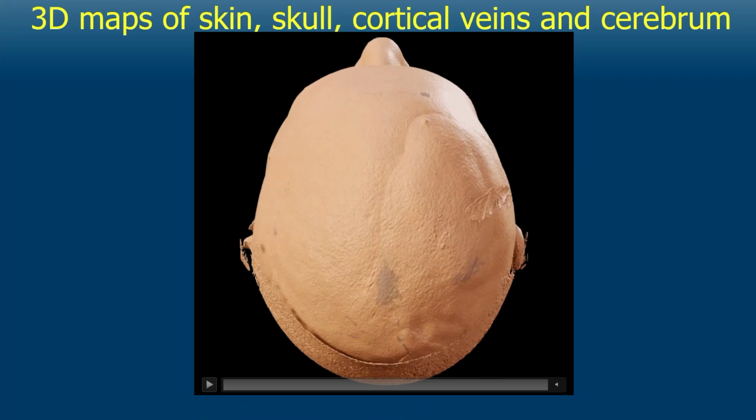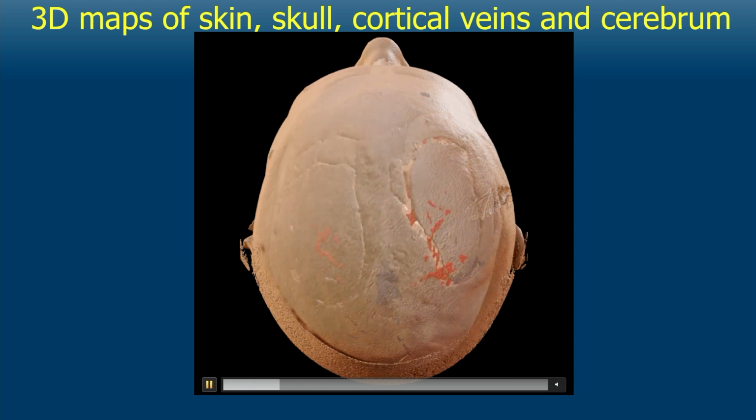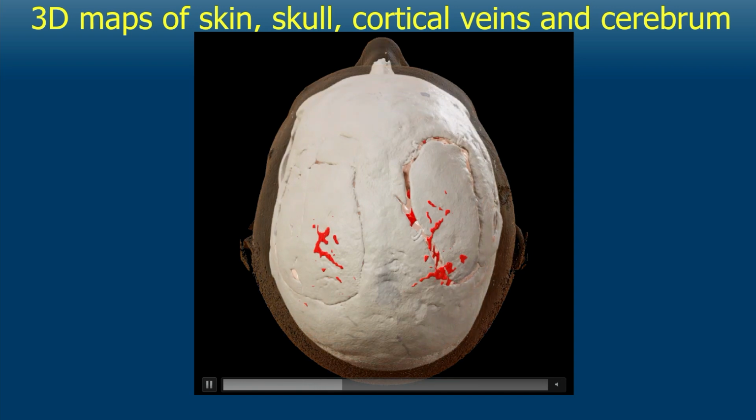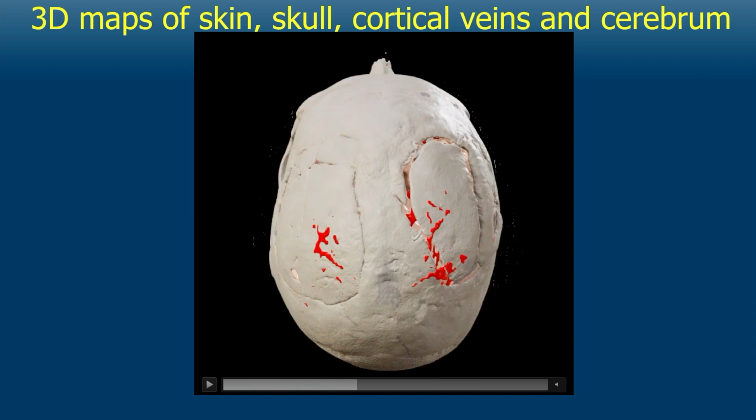I just want to show it in a different way of looking at it. Here you have the skin, and you can see the scar on the skin from the previous surgery. Let me play the video. We can then strip off the skin to show the skull, and we can show where the hole in the skull is located.